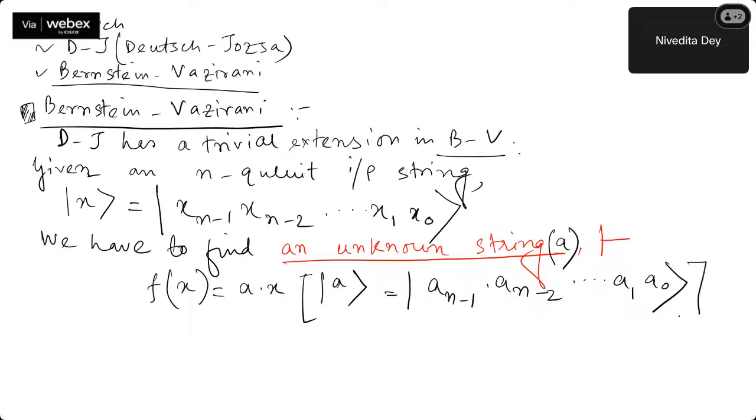So you have a particular n-qubit input string x, which can be anything. Now you want to find another secret string. It is also known as the secret string finding problem.